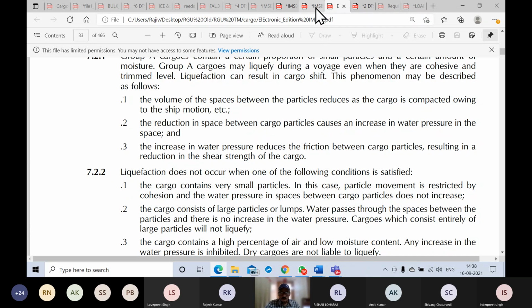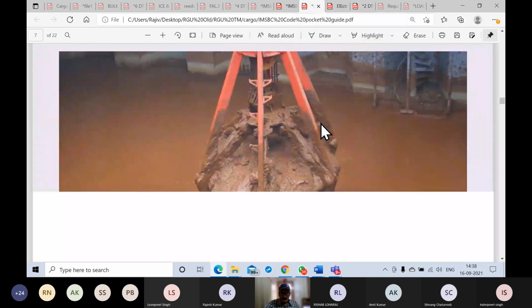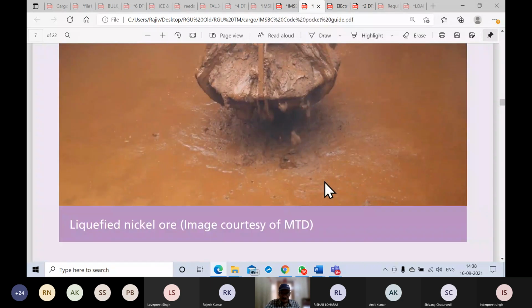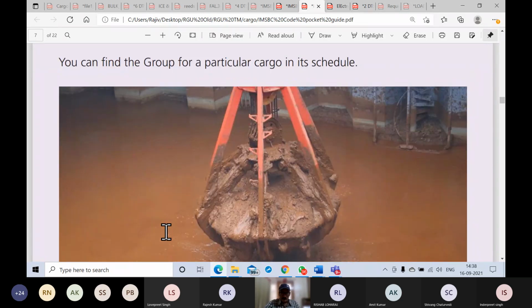So much so that you may have a situation like this. Liquefied nickel ore. Cargo loaded was nickel ore.